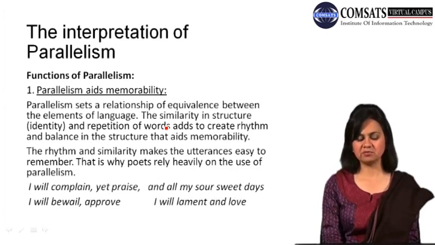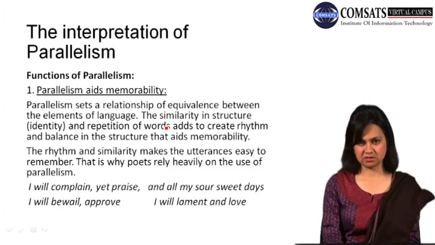Then praise, approve, and love are the positive traits or the positive outcomes that he has derived from the feeling of love. So he puts this balance and order. We can notice the antithesis as well: despite identity between these words like complain, bewail, and lament, we find contrast of complain, bewail, and lament with praise, approve, and love.